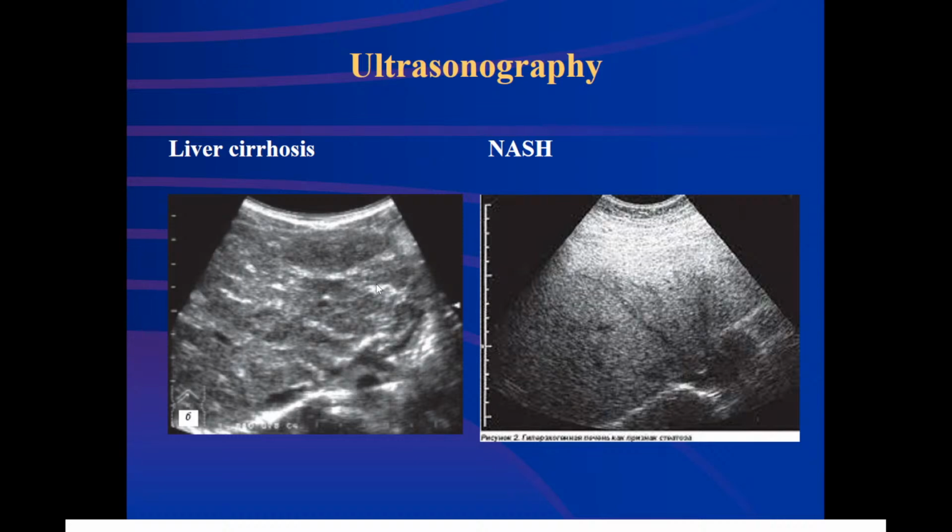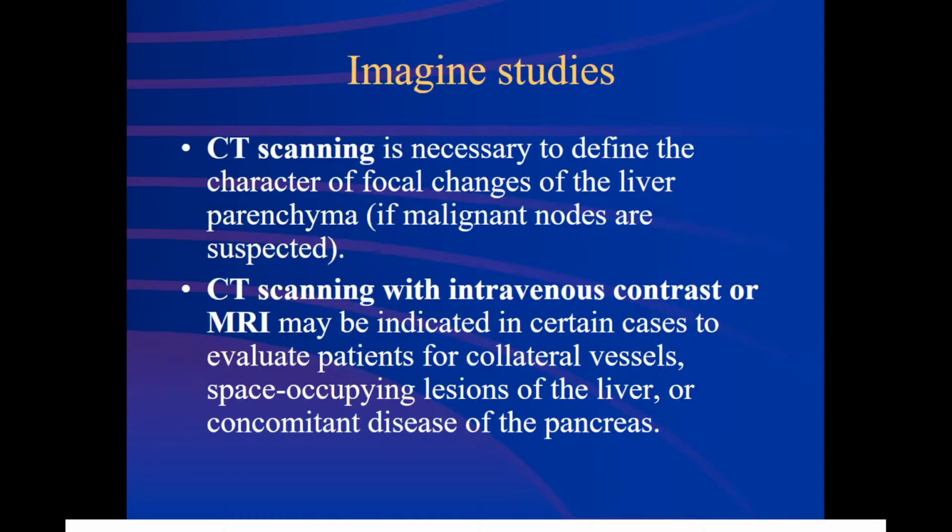Mostly it is fibrotic tissue and not malignant tissue, but it can be malignancy. More sensitive to see malignancy is CT scanning because it enlarges the image of the liver more, and it is more sensitive to see small changes in the liver architecture.